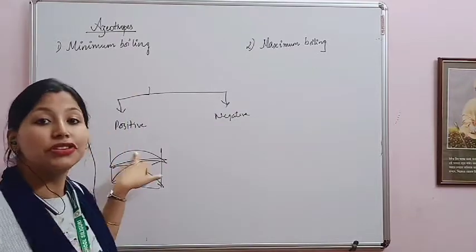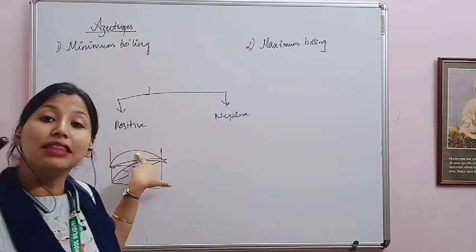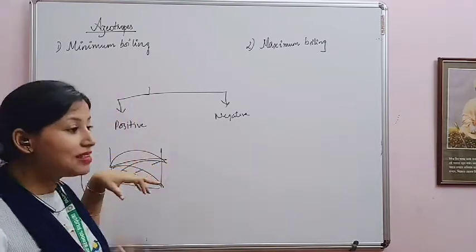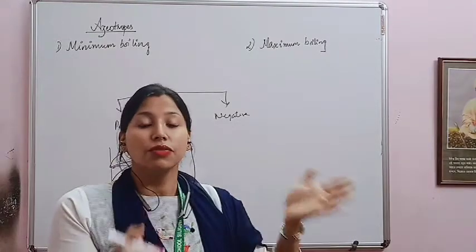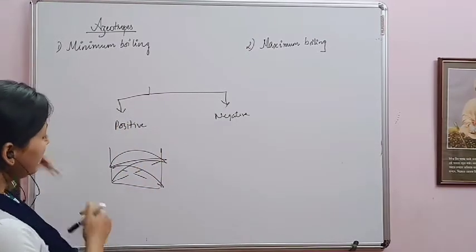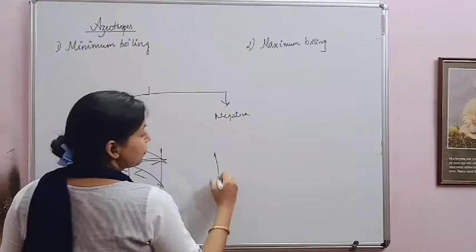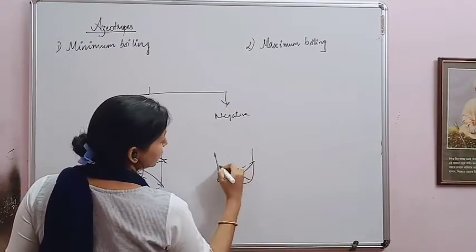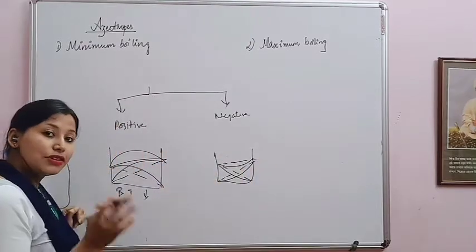If vapor pressure is high, the boiling temperature will be low, because it will take very little time to match the atmospheric pressure. And for solutions which show negative deviation, their vapor pressure is less.